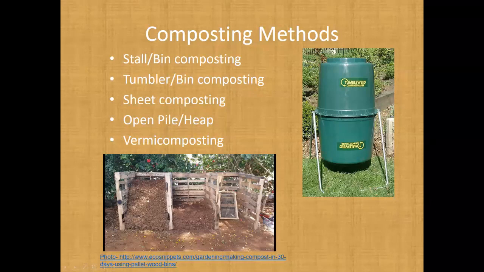So sheet composting is the oldest form of composting, and it could be as simple as, in the fall, spreading out unprocessed, uncomposted materials, and then tilling them or incorporating them into the soil in the spring. But you can be more precise with sheet composting. It can be where we're top dressing compost every spring or every fall.